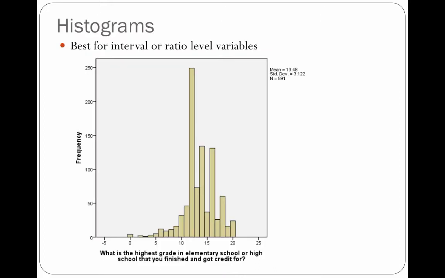Now, similar to a bar chart is something called a histogram. And a histogram is best for interval or ratio level variables, so our numeric variables. And this is one that is showing you, if you look at the bottom here, what is the highest grade in elementary school or high school that you finished and got credit for. And so it's showing you the frequency or how many people selected that answer.